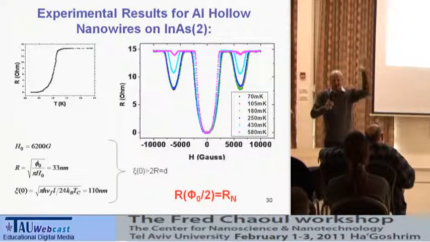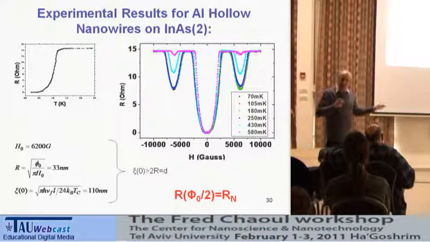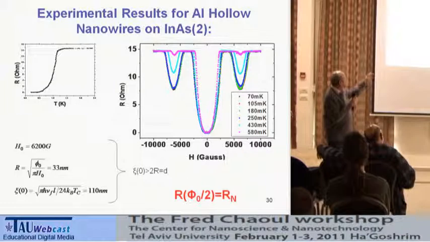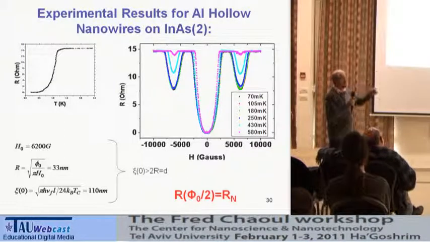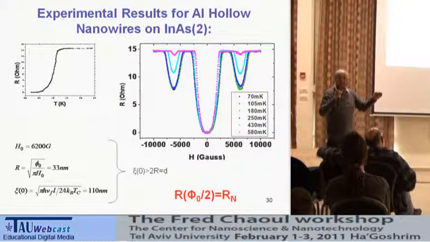It should either be insulating or a zero resistance state, if it's superconducting. This is the most important result here, that we have a really one-dimensional disordered metal which has finite resistance. And this is really something new.